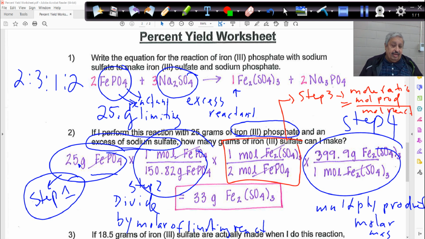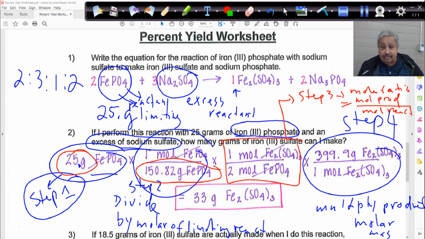So we divide by the molar mass of the reactant. This is the limiting reactant amount given to us. We divide it by its molar mass. You can verify that if you want to. So molar mass, then we come to the mole ratio.